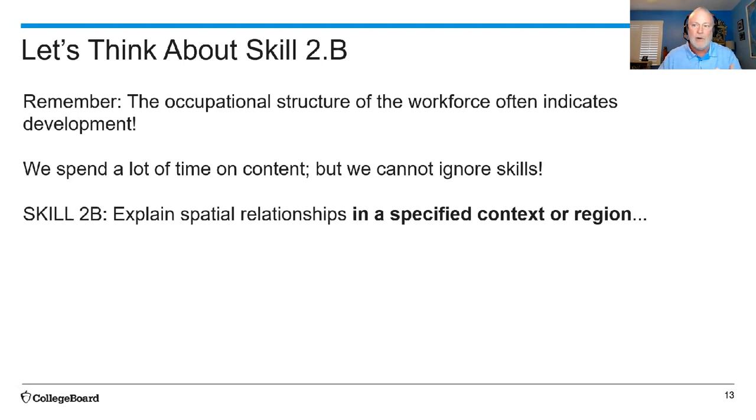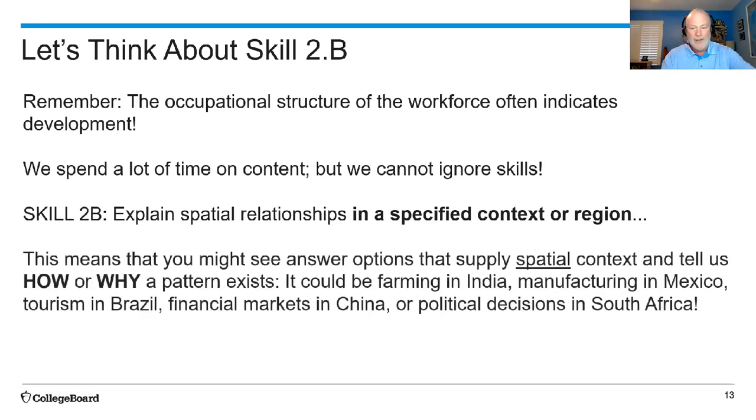They're going to give you actual places in the world. They're going to say fishing in the Philippines. They're going to say automotive manufacturing in Mexico. Or, I put a few things here, farming in India, tourism, right? Financial markets, executive decision-making, politicians, they're going to give you places in the world, and you're going to have to understand that the skill is also important and not just the topics.